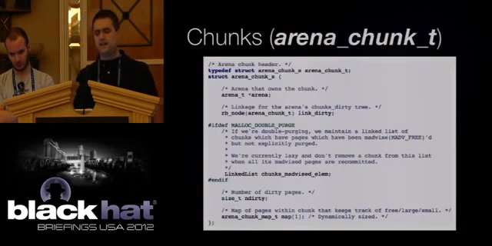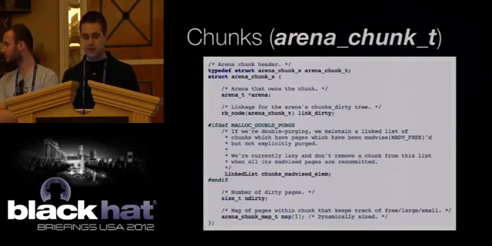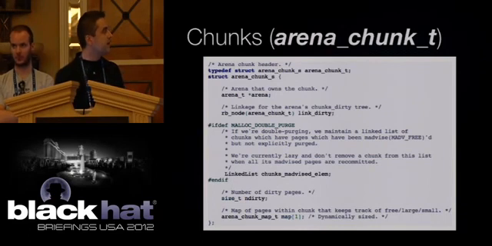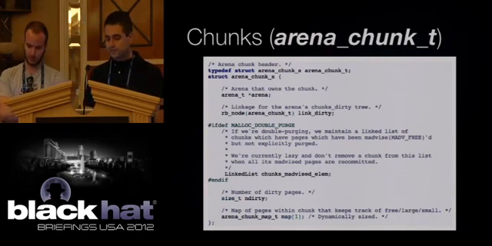And that's the metadata structure of the chunk, which, as I told you, is placed in front of the chunk in memory. The important element to note here is that the first element of the data structure is a pointer to an arena, and that's the arena that owns the specific chunk.